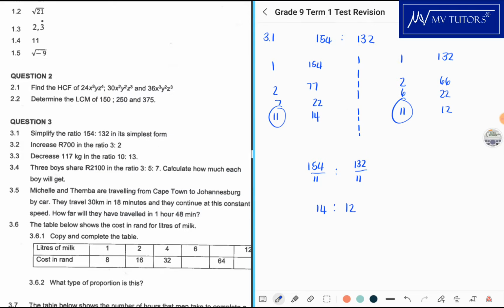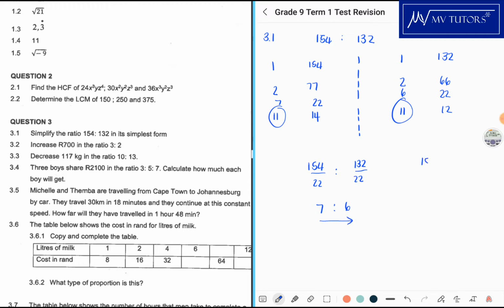So basically, the highest common factor is not 11, it's actually 22. So we have 154 over 22, 132 over 22, and we know we have 7 is to 6. Okay, that is the simplest it can be.